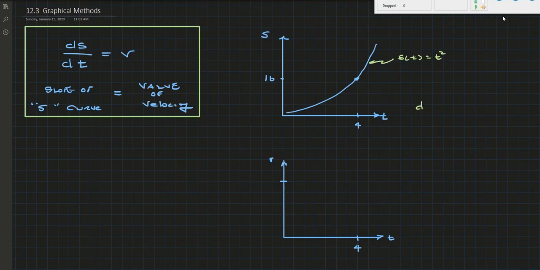If we take the derivative of this with respect to t, we end up with 2t. And at the value of 4, 2t is 2 times 4, or 8. This is then the value of the velocity at that time.